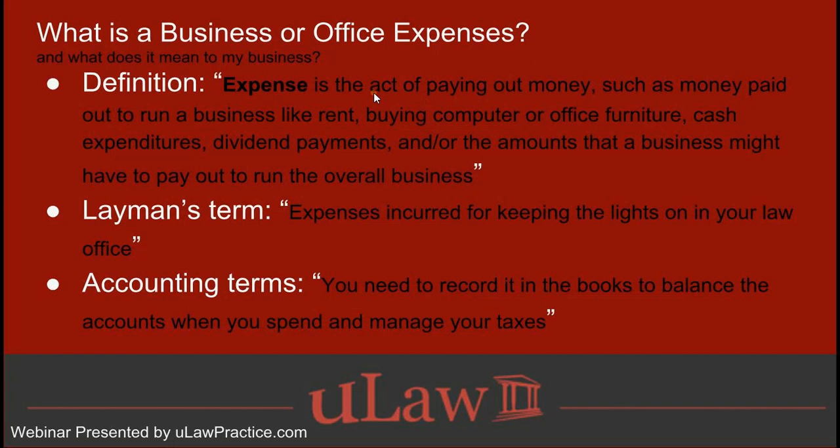From an accounting perspective, the bottom line is that you still are required to track this in the books to balance, especially if you're dealing with taxes. Especially in the province of Ontario or others where there are provincial taxes.